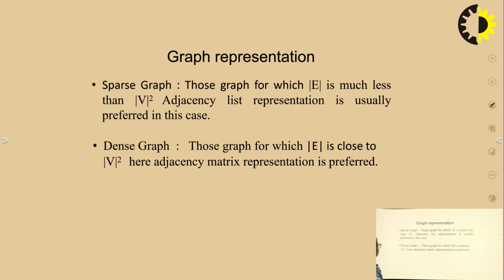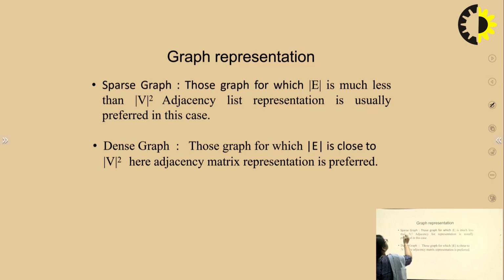We have 2 ways, adjacency list and adjacency matrix. We will consider this in more detail later, but now let us understand why 2 types exist, and whether both are important in some particular context. For that we take 2 words, sparse and dense.